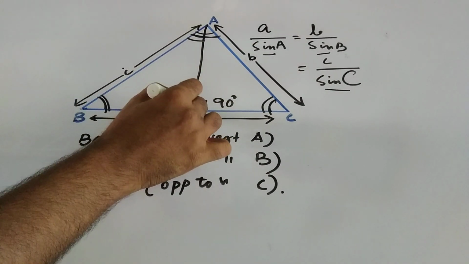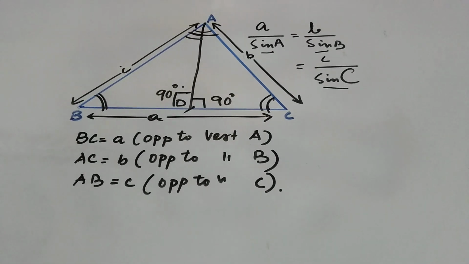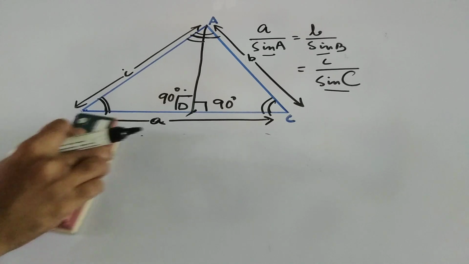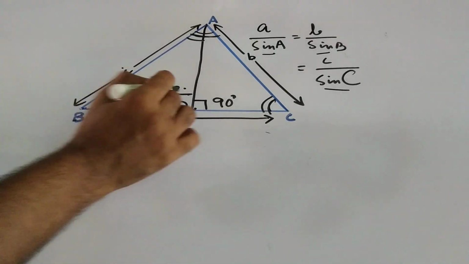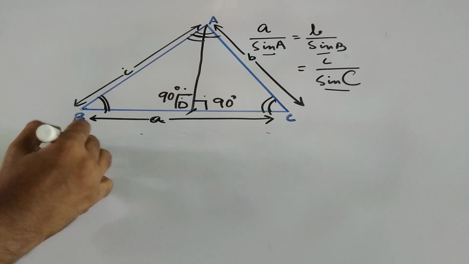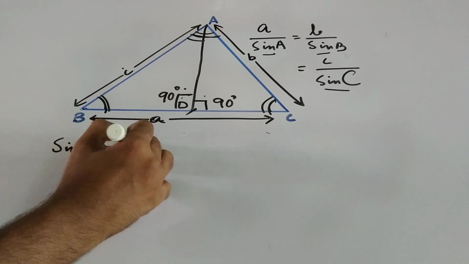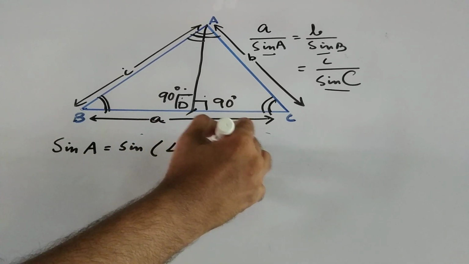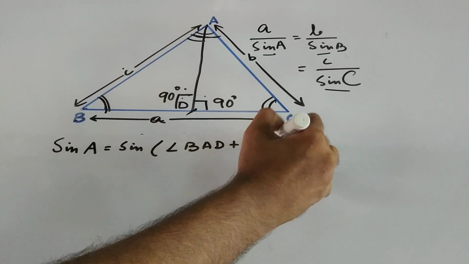Let the point of intersection be D. So you can understand that angle BDA and angle CDA both are 90 degrees. Now, if I am trying to find sine of A, that means sine of angle BAD plus CAD.